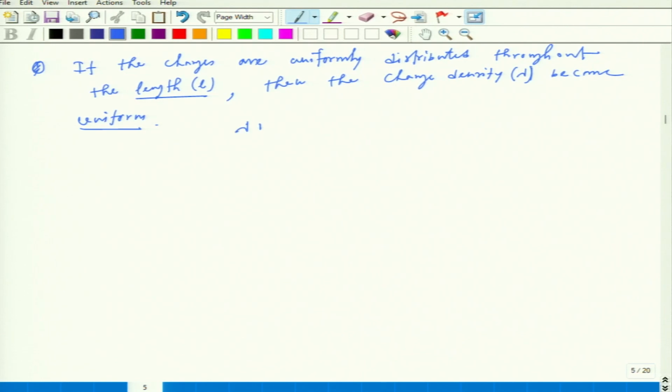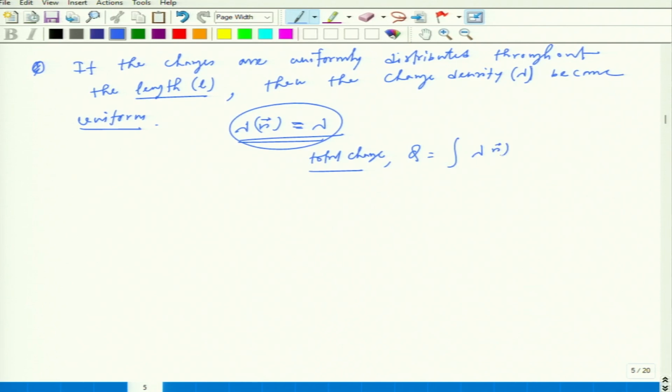That means lambda is not a function of r, it is a constant. So lambda as a function of r equals lambda, and the total charge q is the integral of lambda dl over the line. Lambda is taken out of the integral, and the integral of dl is the length.